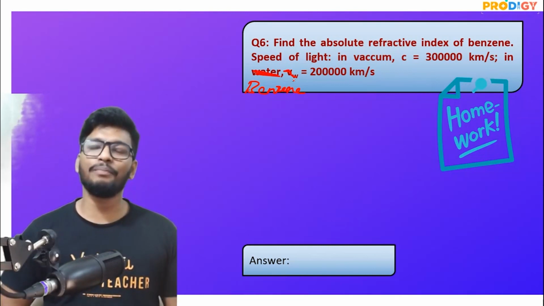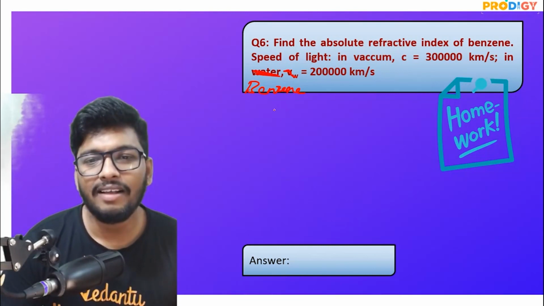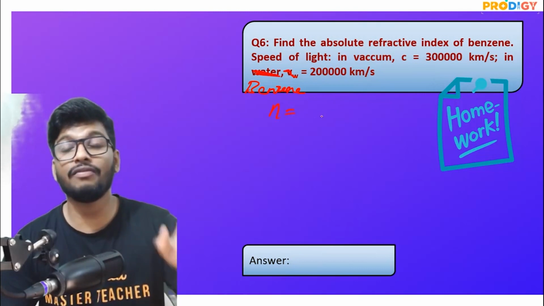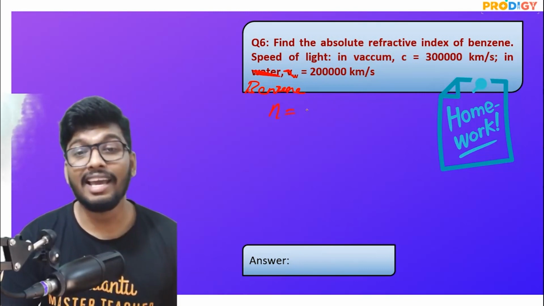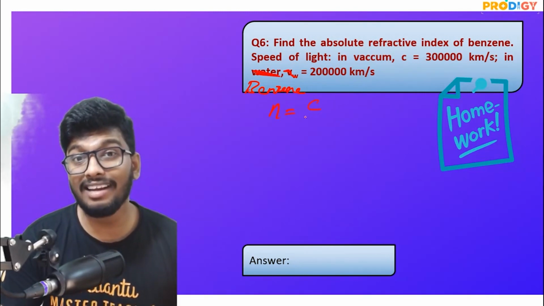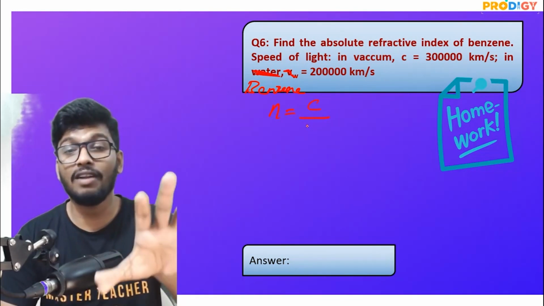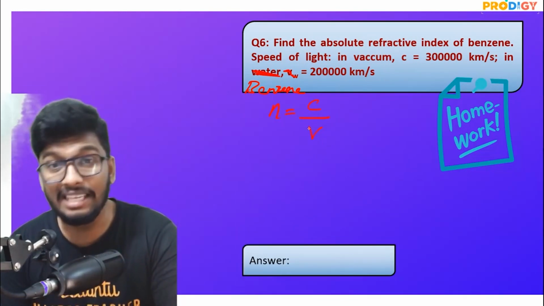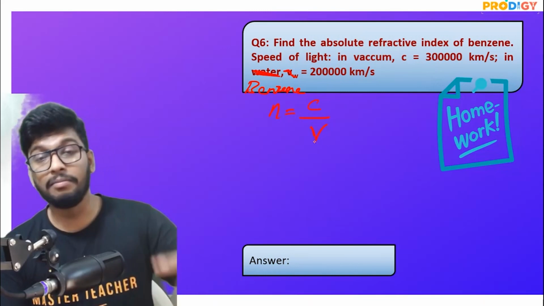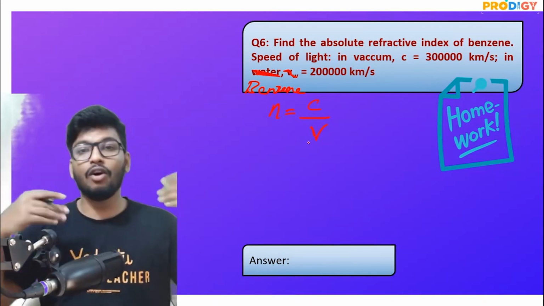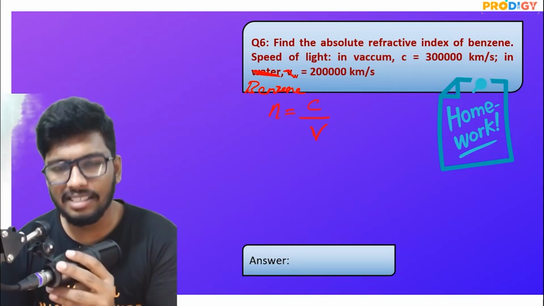How do you figure it out, people? It's super easy. The absolute refractive index of a medium is equal to the speed of light in vacuum divided by the speed of light in that particular medium. The speed of light in that medium is given as v, and the speed of light in vacuum is given as c.